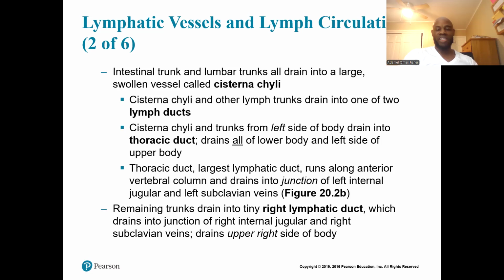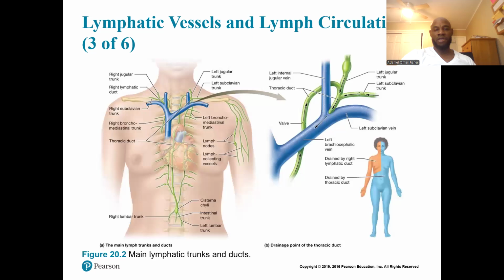The remaining trunks drain into the right lymphatic duct, which drains into a junction, the right internal jugular and right subclavian veins, draining the upper right side of the body, right? And so we see this lymphatic system, the green, and it drains back into the vein, the brachiocephalic vein here.